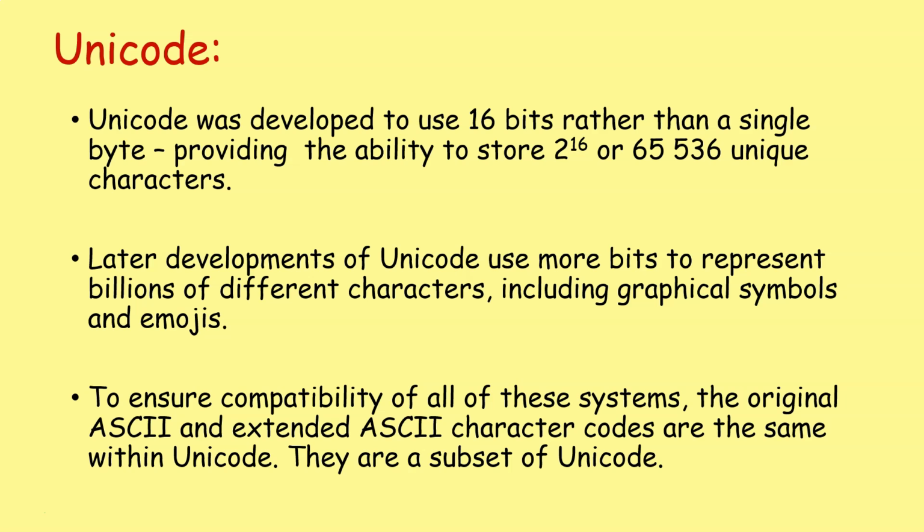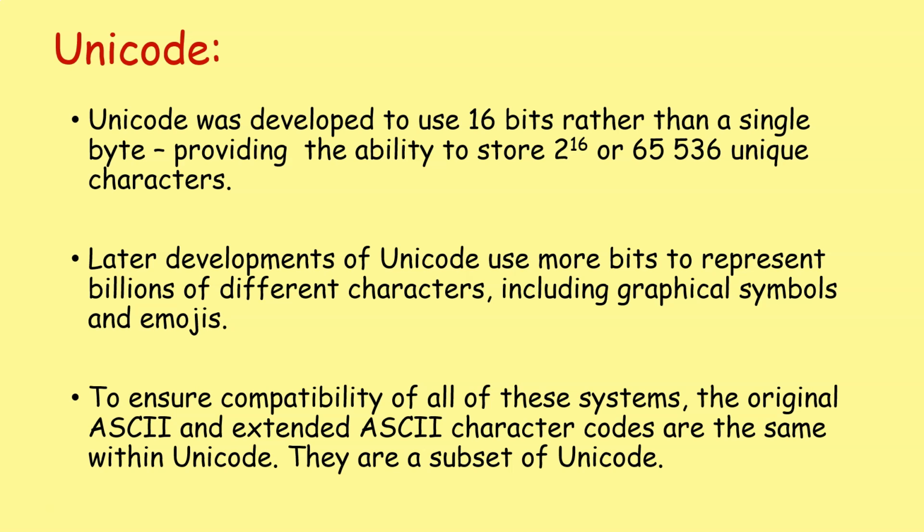Later developments of Unicode use even more bits to represent potentially billions of different characters, including graphical symbols and emojis. But cleverly, to ensure compatibility of all these different systems, the original ASCII and extended ASCII character codes are the same within Unicode. They are now just a subset of Unicode.